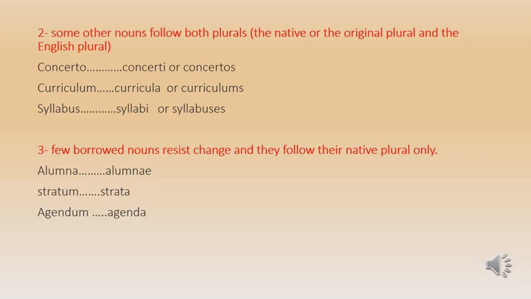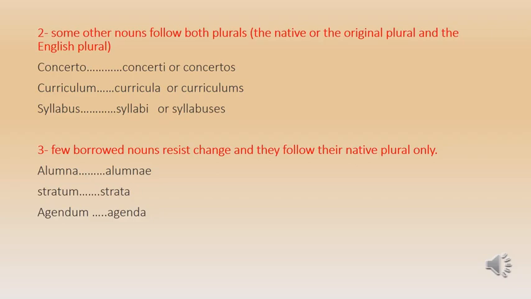For example, the word concerto is pluralized by saying concerti or concertos. We have two plural forms, concerti or concertos. Both of them are acceptable because this noun can be made plural by following both systems, the native or the original system and the English plural system.